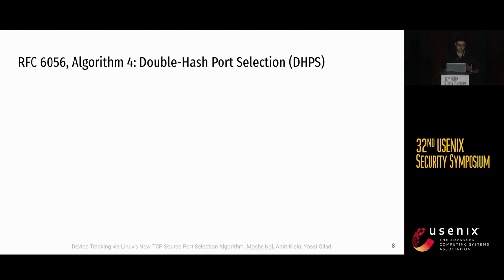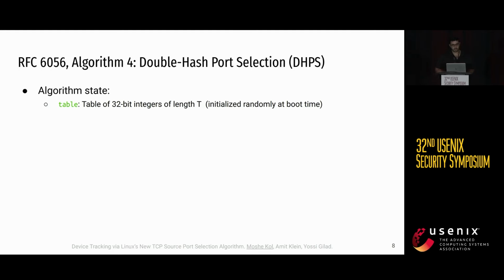So our attack is based on the DHPS algorithm, so I will now describe it. The algorithm state consists of a table of 32-bit integers of length t, which is initialized randomly. You can think of this table as a table of counters. We have 2 cryptographic keys, K1 and K2, which are also initialized randomly at boot time.